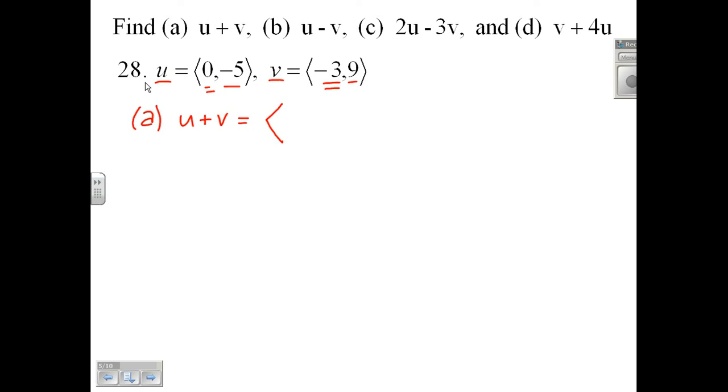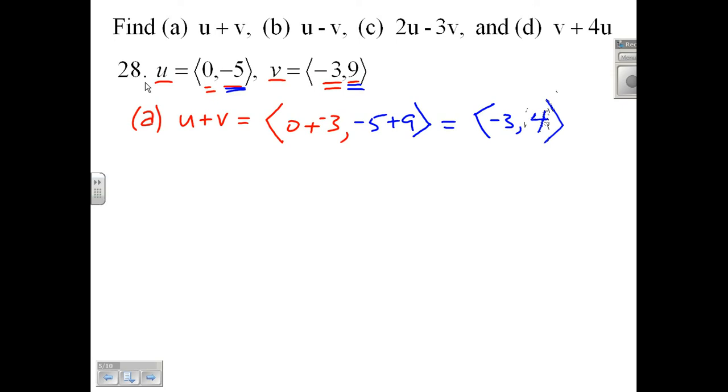Total, I've slid things to the left 3. This is just 0 plus negative 3. If I start out with the y component by moving things down 5 and then I move things up 9, cumulatively I've moved things up 4. This is just negative 5 plus 9. And we end, very, very simple, with negative 3, 4.